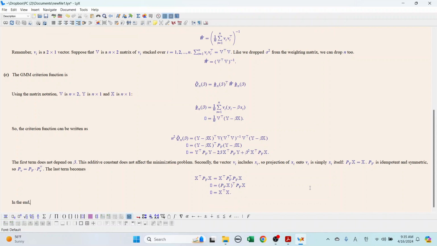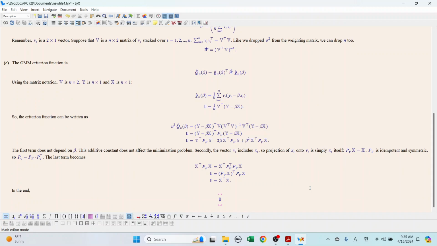In the end, combining all the things, the criterion function, I will ignore the constant, it is just a constant. You are going to get a much simpler form, right? Here, in the end, P_V does not matter. V disappears.